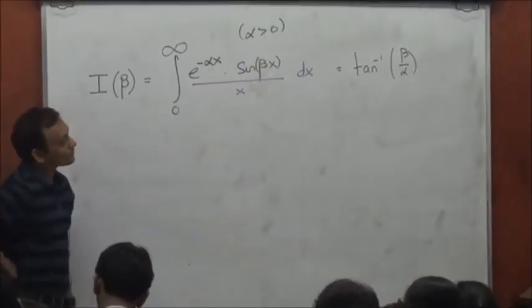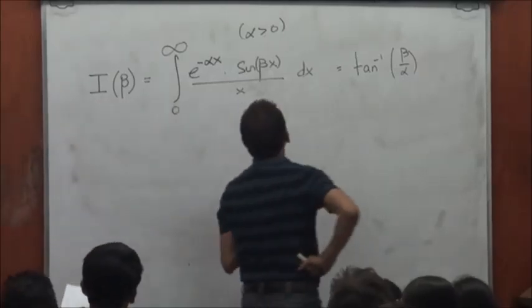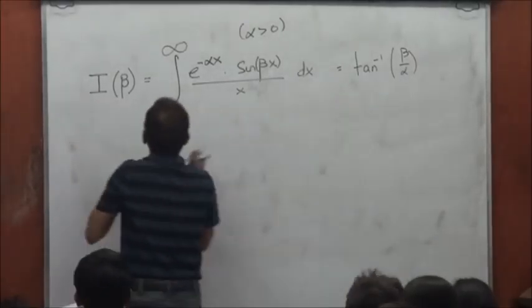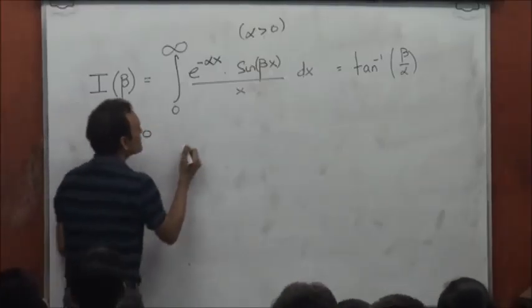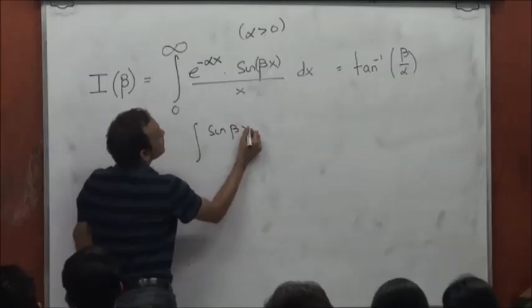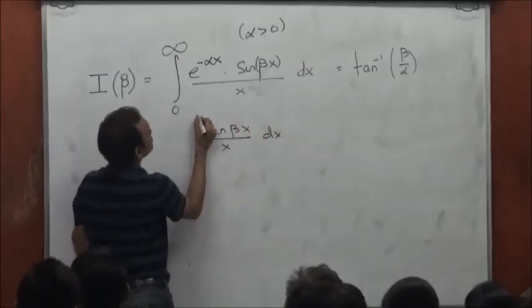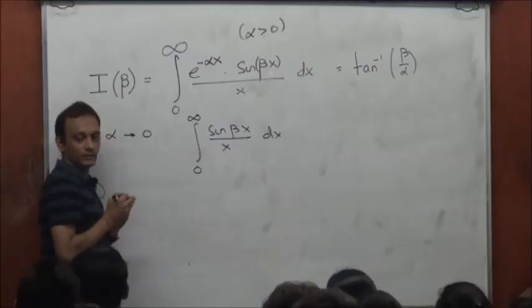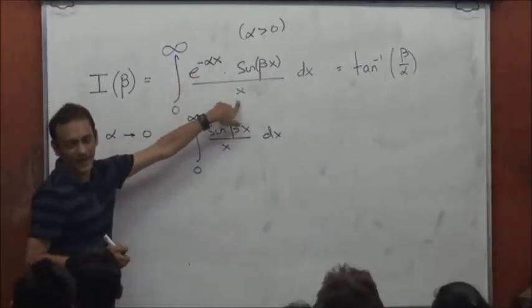Now, realize that when alpha tends to 0, this integral becomes the integral of sine beta x by x dx from 0 to infinity. Right? When alpha is 0, this will become sine beta x by x.